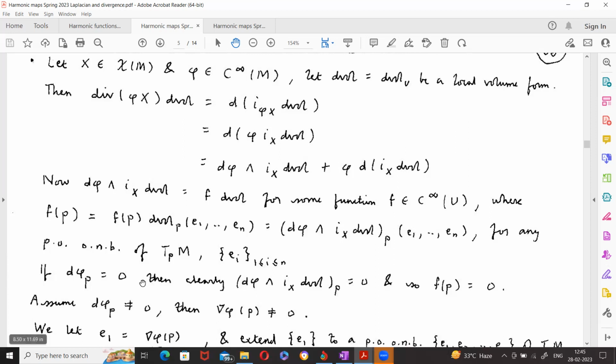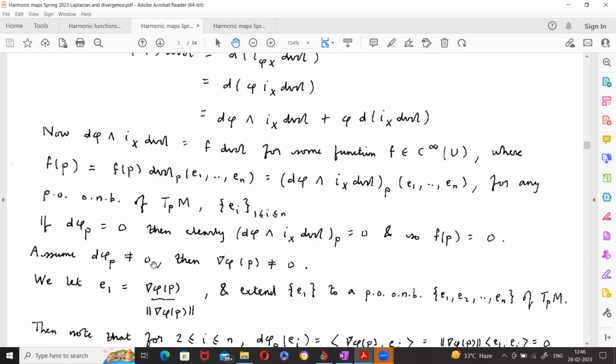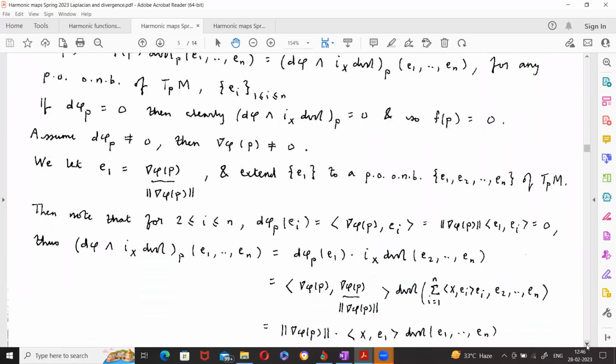First of all, if d phi at p is 0, then of course this wedge product is 0, and so f will be 0 at that point. So I can assume that d phi at p is non-zero, so then grad phi at p is also non-zero. I choose my orthonormal basis as follows. I take my first vector E1 to be the unit vector grad phi divided by norm grad phi.